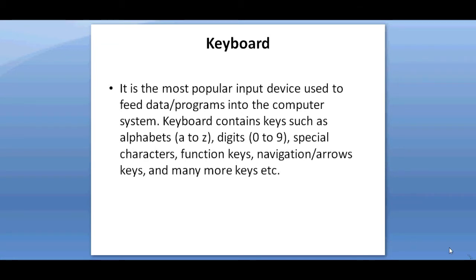First, typing keys. These keys include the letter keys from A to Z and digit keys 0 to 9, which generally give the same layout as that of typewriters. Second, numeric keypad. It is used to enter numeric data or for cursor movement.